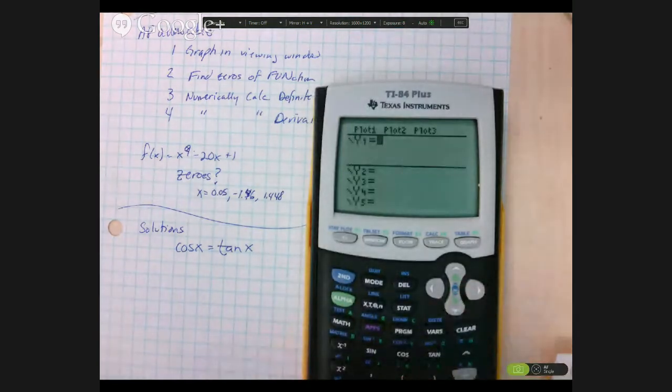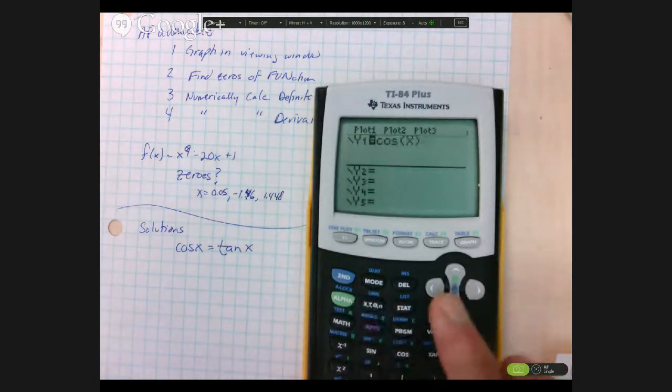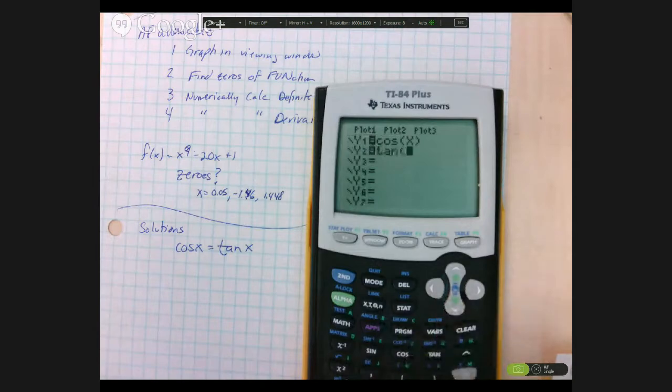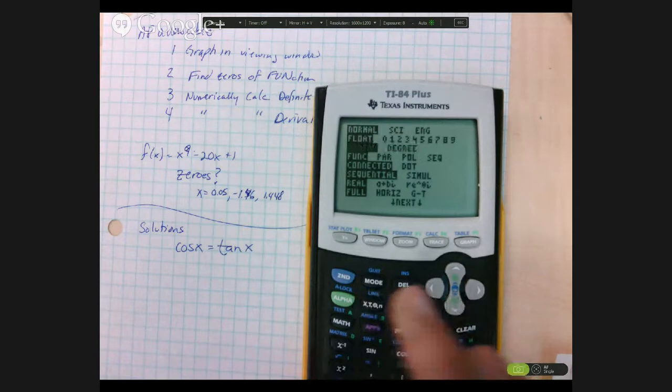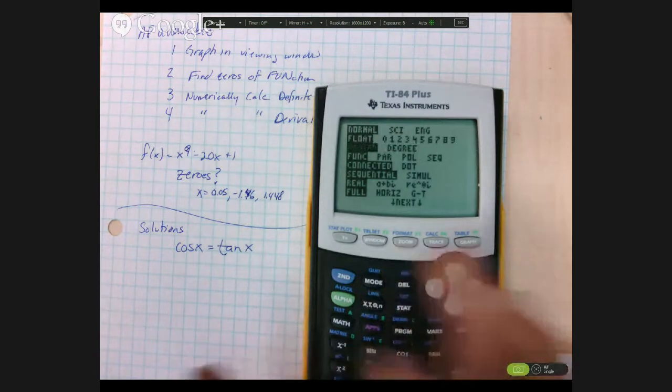Put cosine and tangent in your y equals. So y equals cosine and y equals tangent. Make sure you're in radians.